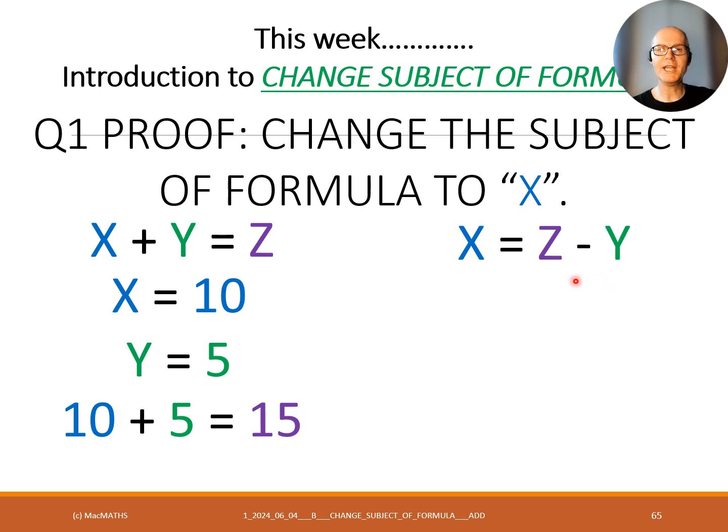This is our changed formula, changing the subject from Z to X. Let's substitute these numbers in. X equals 15, which we knew was Z, minus Y, which we knew was 5. 15 minus 5 equals 10. So X equals 10 is correct. The formula is balanced. It's the same on both sides. 10 on one side, 10 on the other side.